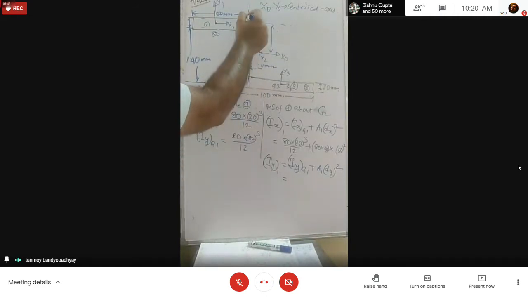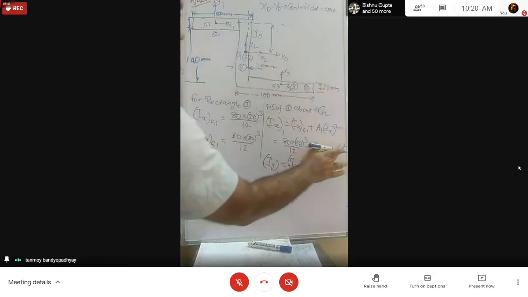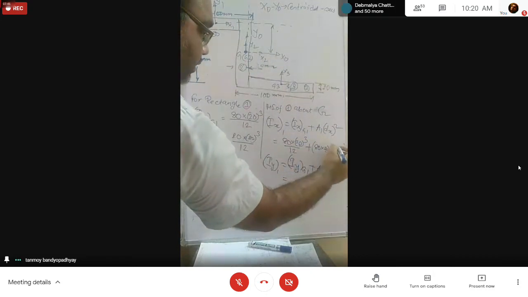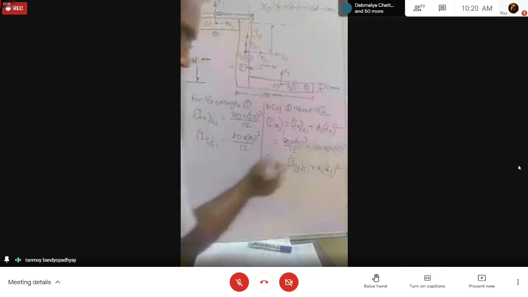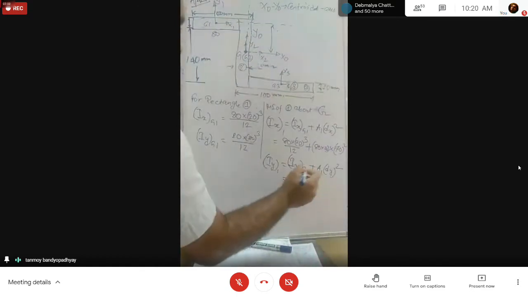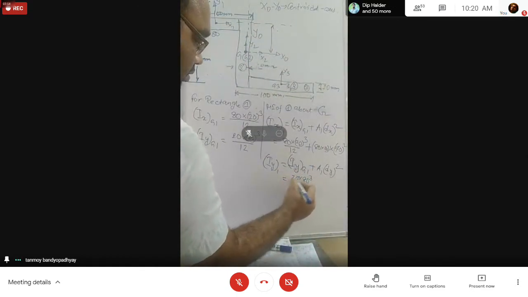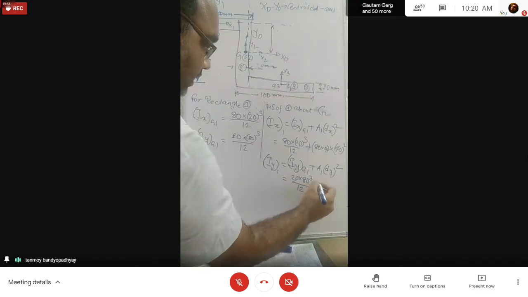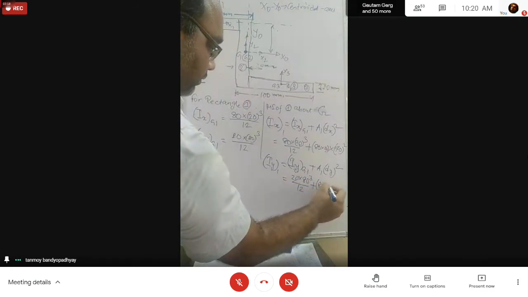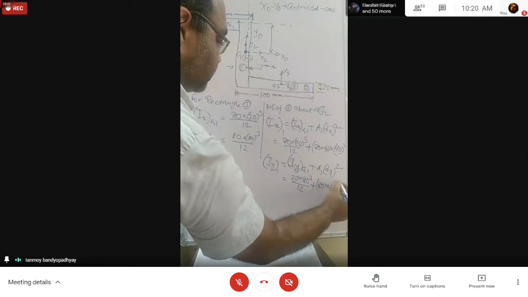Up to this it is 80 minus 10, so that is 70. So this one will be 70 square. And this will be 20 into 80 cube by 12 plus A1, which is 80 into 20 into 50 square.